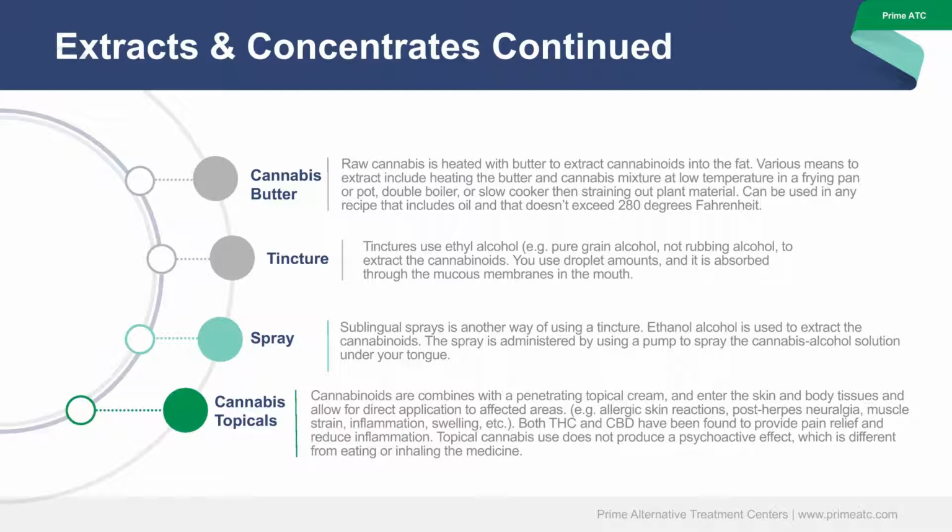Cannabinoids in cannabis interact with the CB1 and CB2 receptors that are found throughout the body, including the skin. Both THC and cannabidiol have been found to provide pain relief and reduce inflammation. Topical cannabis does not produce a psychoactive effect, which varies from the method of ingestion or inhalation of the medicine.